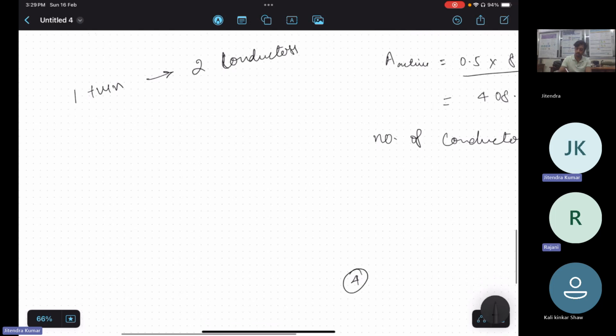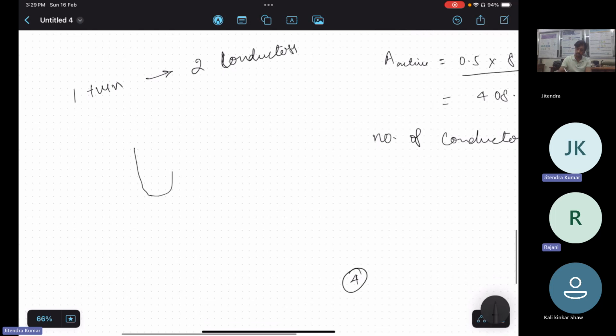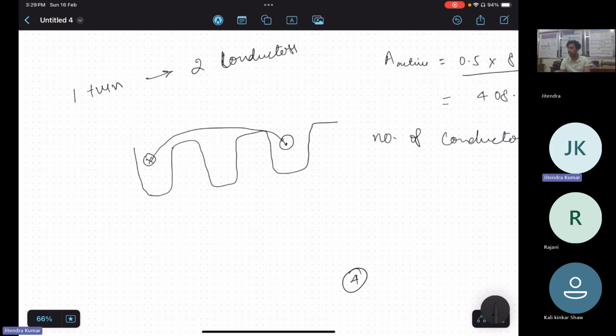Suppose here it is one conductor, coming from here, and it is coming from here. In this slot, one conductor is placed, so it is possible. Are you getting my point? Yes, got it, sir.